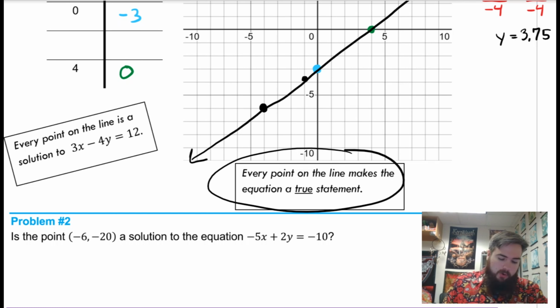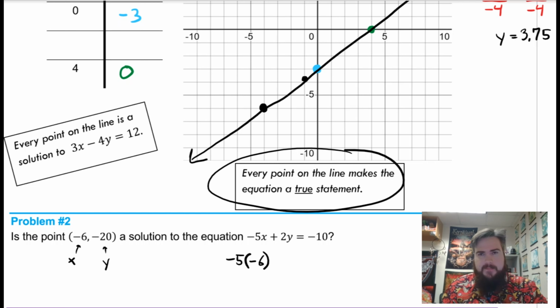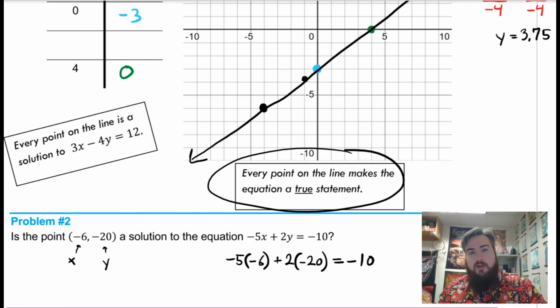So again, our ordered pair here, -6 is our x coordinate, -20 is our y coordinate. If we plug each of those in, I would have -5 multiplied by our x coordinate, which would be -6. And then plus 2, which will be multiplied by our y coordinate of -20. And we're going to check to see if this does indeed equal -10.